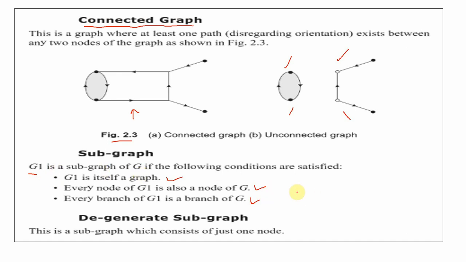So let's take an example. This is your G, right, and this is your G1, right. Suppose I draw some diagram here like this, right, and I separate out this part.